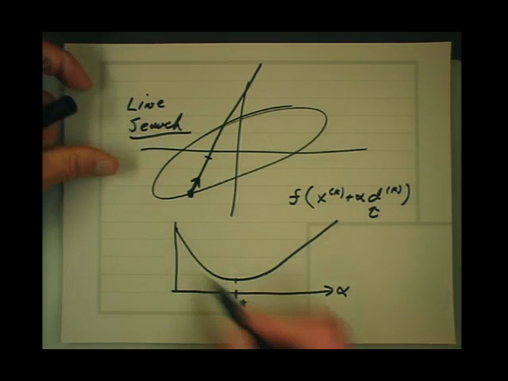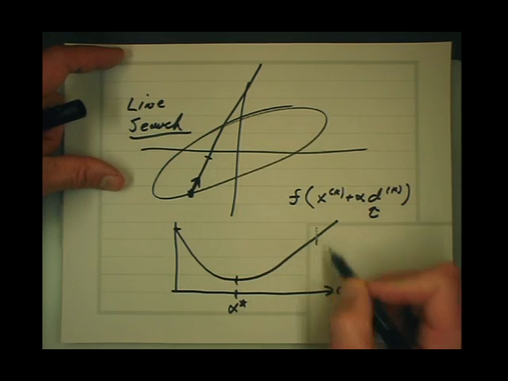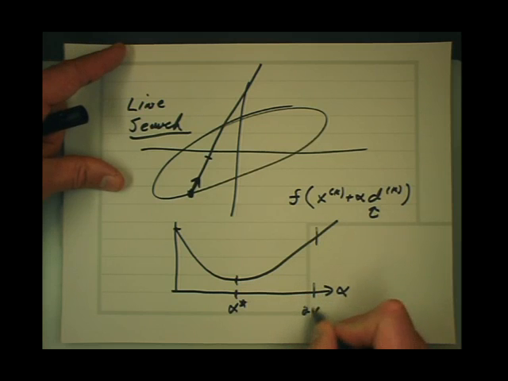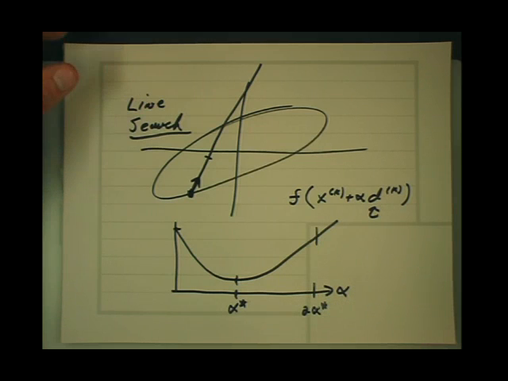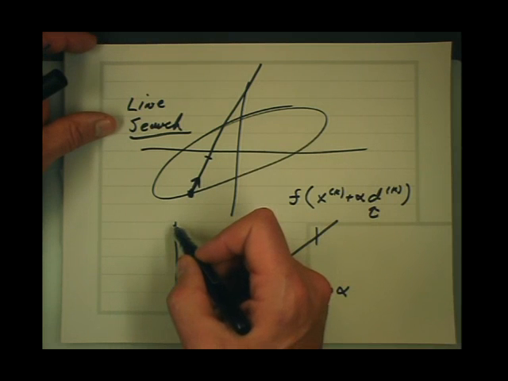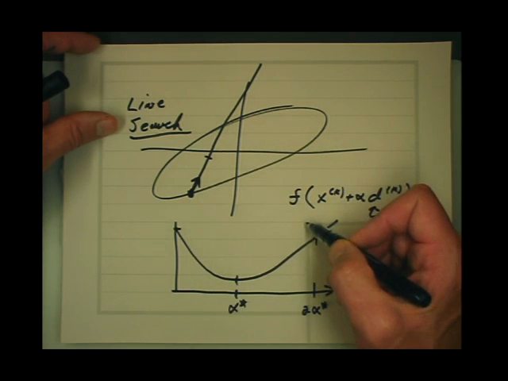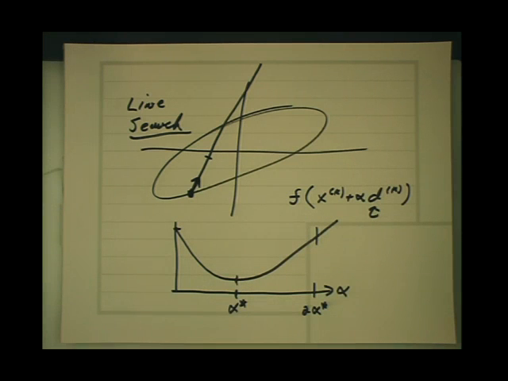By the way, if you have a quadratic function, you can take a step of anything up to 2 times alpha star, and you're okay. Because usually, if it's quadratic, it's like you're skateboarding, you shouldn't go up higher than you started. So it's a symmetric function if it's quadratic.